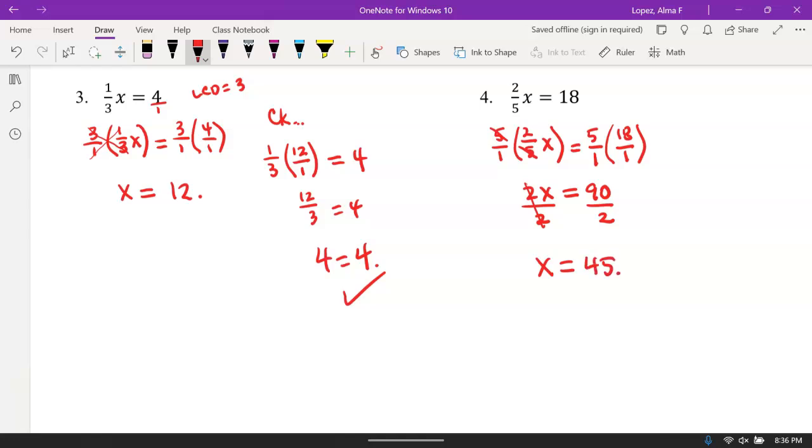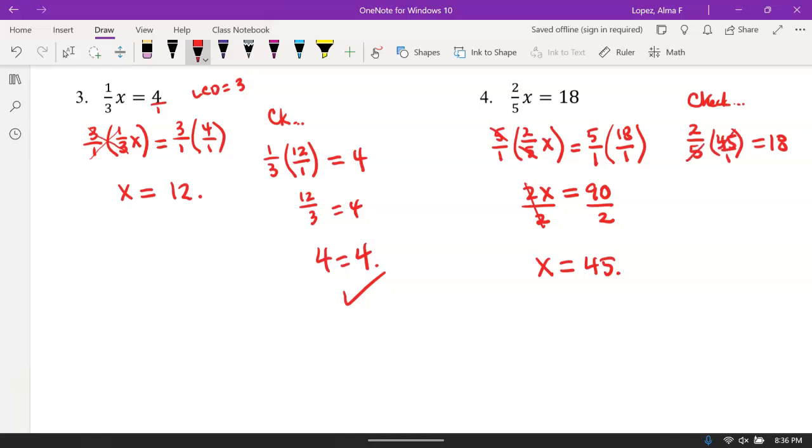Let's run a check one more time. I'm going to build it, but everywhere I have an x, I'm going to plug in my answer, which I got, 45. Then I'm going to make it a fraction. Now, I can either multiply straight across and I get 90 divided by 5, but on this one I think I'm going to cross cancel on the diagonal.